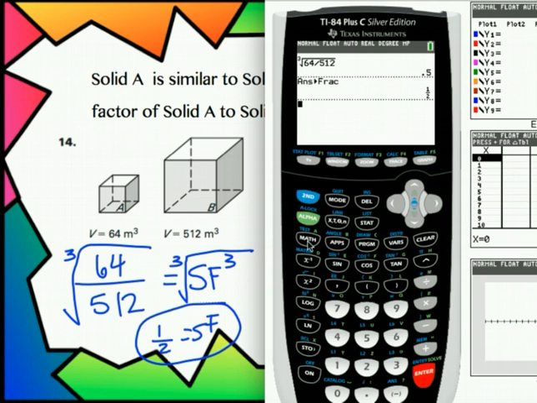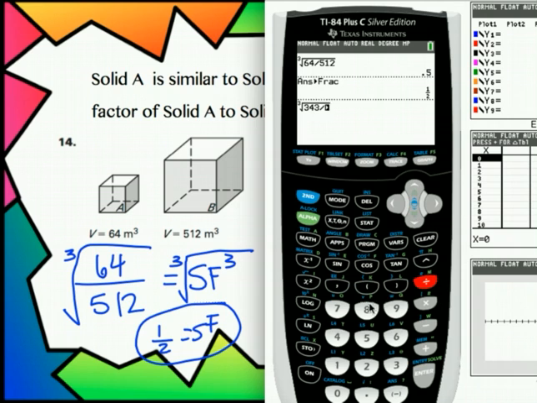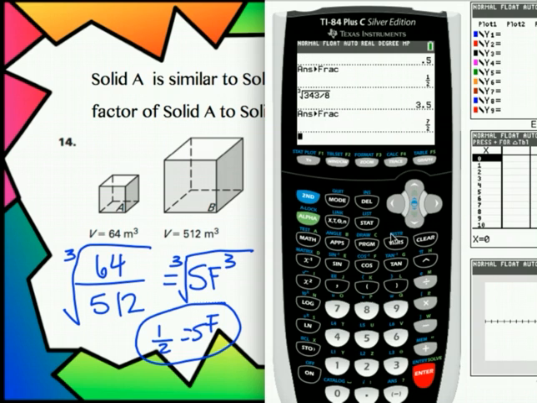So math 4, 343 over 8. Now if you do the pi, you've got to put the top and the bottom in parentheses, which is why I say just cancel it out when you see it in the first place. Then you don't have to worry about it. 7 over 2.